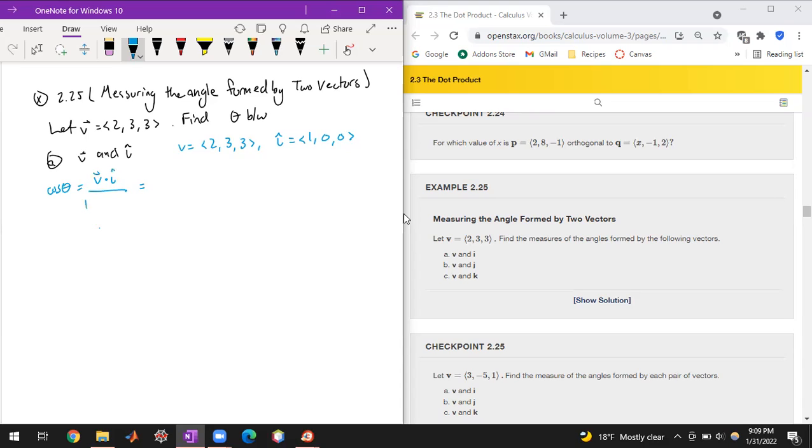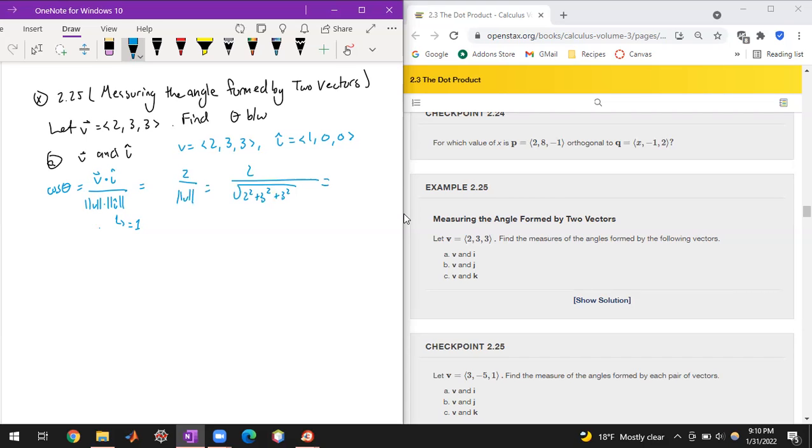So v dot i divided by the magnitude of v times the magnitude of i. The whole point of a standard unit vector is that its magnitude is equal to 1. When we work through this multiplication, the only thing we get is our x component, because the y and z components give us 0. So we get 2 divided by the magnitude of v, which is 2 divided by the square root of 2 squared plus 3 squared plus 3 squared.